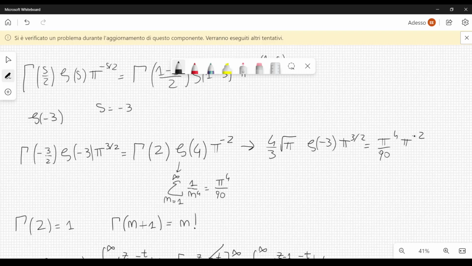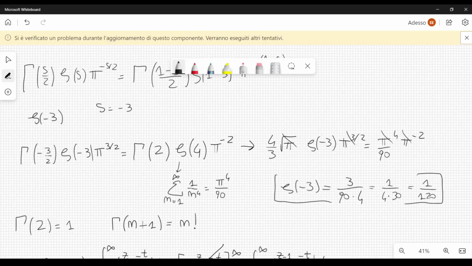Now you can see that all the pi's cancel, so you are left with zeta of minus 3 equal to 3 divided by 90 times 4. So it's 1 over 4 times 30, which is 1 over 120.